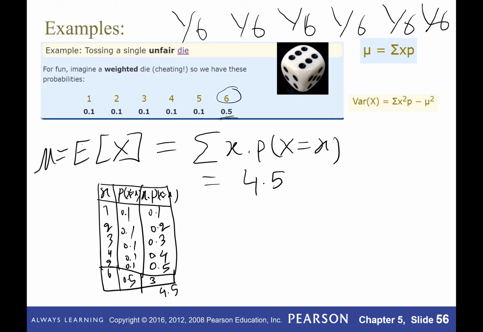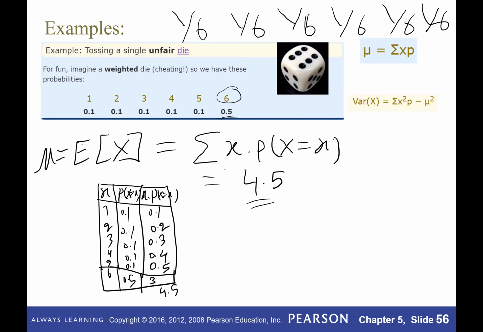So the expected value of x is 4.5. That means if you roll this die 100 times and take the average of the outcomes, the average will be close to 4.5.